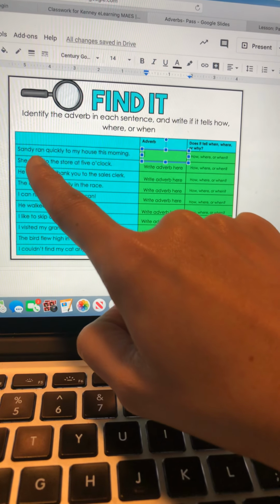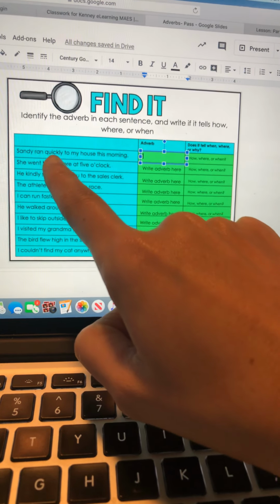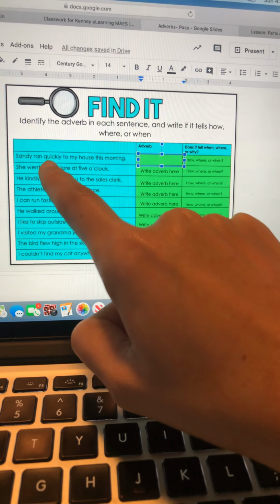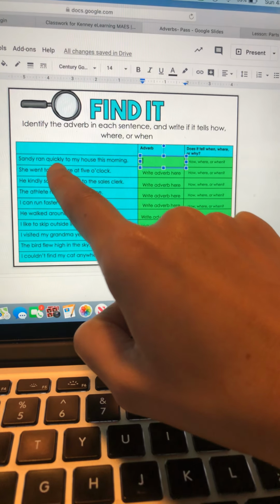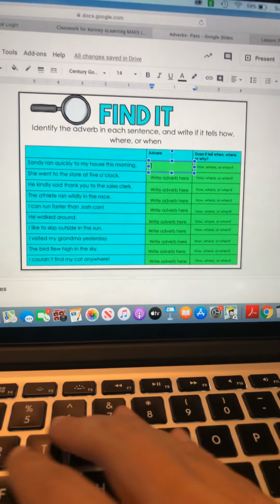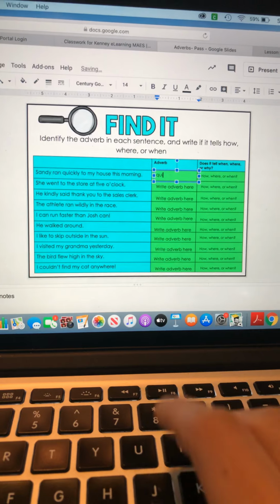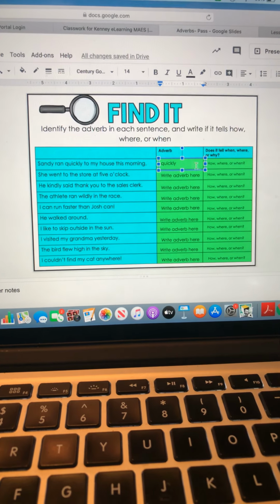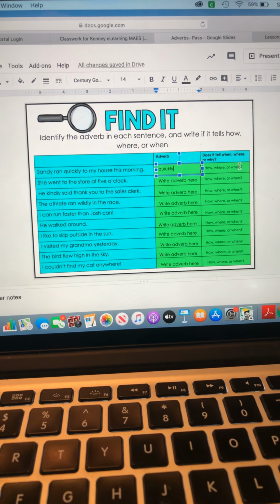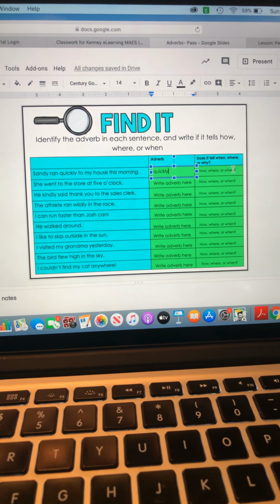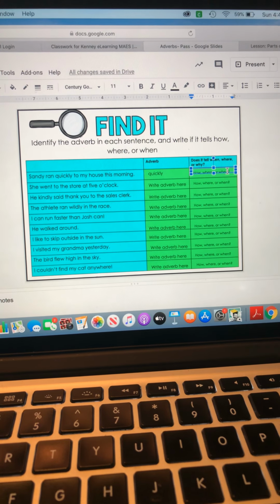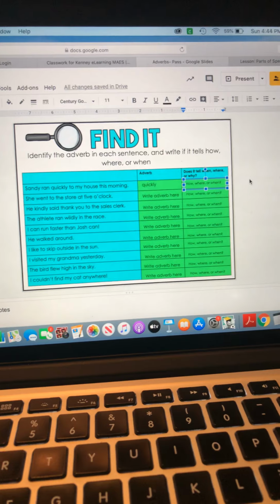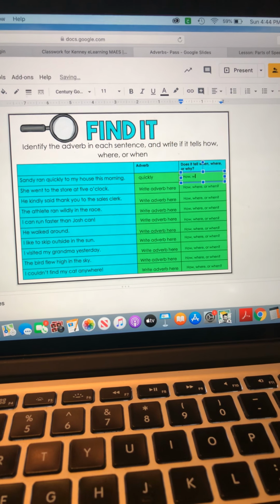So she ran. How did she run? Quickly. The verb is ran, and she ran quickly. Quickly describes the verb, how she ran. Okay, so I'm going to put quickly here because I know that's the adverb. And remember we said it describes how she ran. So here you would type how. And actually it's already typed, so I'm just going to leave it there.